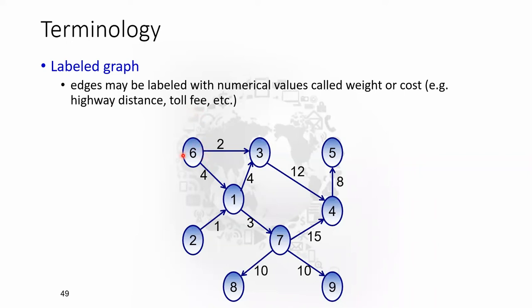Let's say you go from destination 6 to 3, then you need to pay 2 ringgit. So if you go from 6 to 4, how much do you need to pay? You can choose different roads. You can go from 6 to 3, then to 4, or from 6 to 1, then to 7, then to 4. It's your choice. It depends whether you want to choose the shortest distance or the lowest toll.